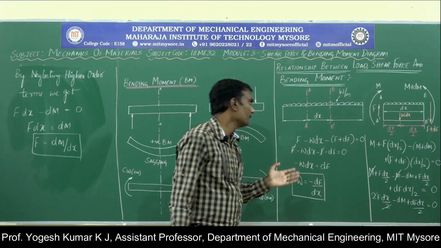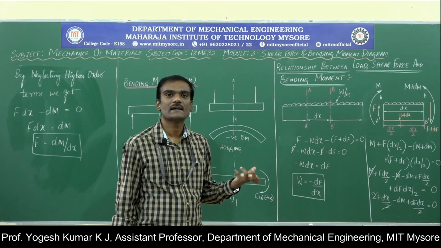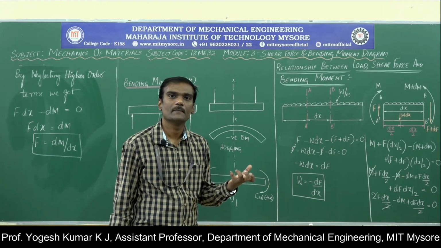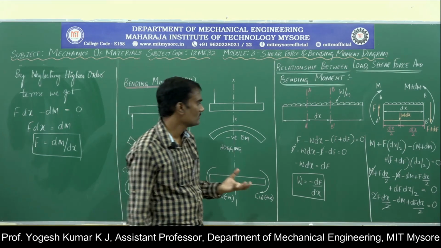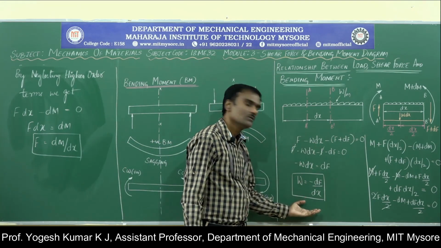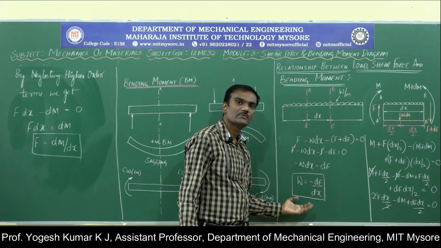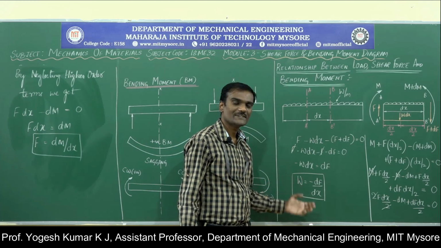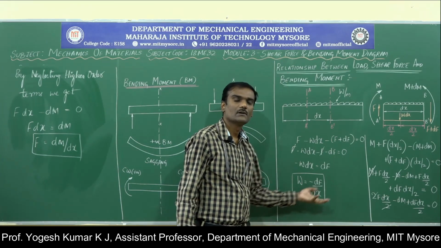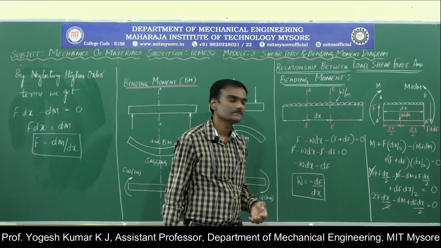Since the beam considered within the portion AA dash and BB dash is in equilibrium, the algebraic sum of the vertical forces should be equal to 0. Once we equate them, we will establish a relation between load and the shear force. That is the first part of the derivation. If we do till here, we will be securing 3 marks.